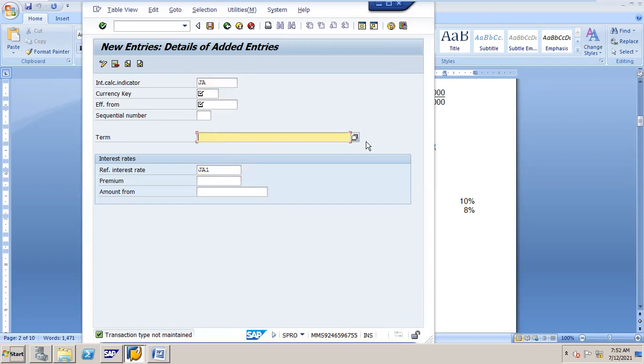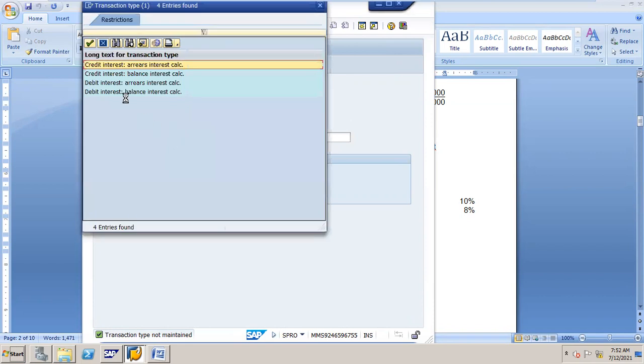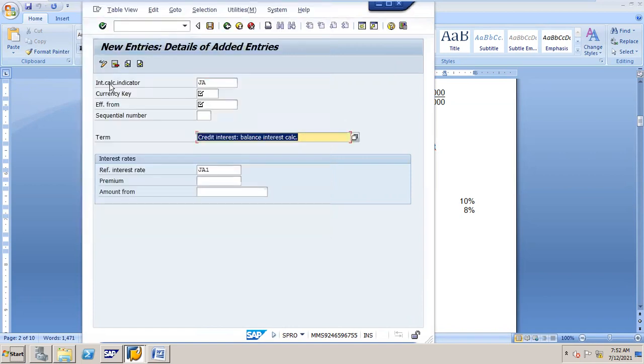Loan having credit balance. Here I am going to tell the system this interest indicator belongs to when I have taken a loan from the bank. Okay. Next, I assign the JA1 to the JA indicator.